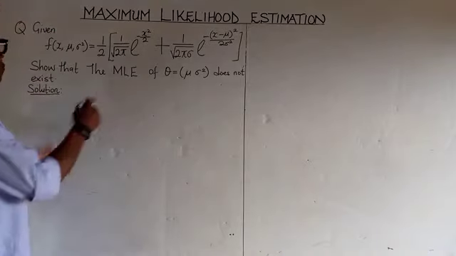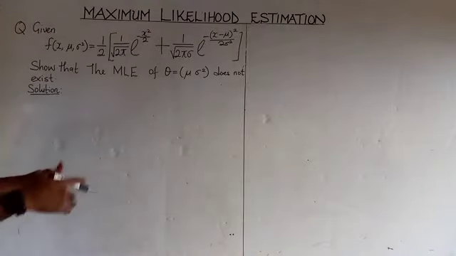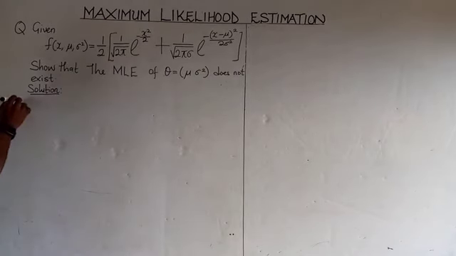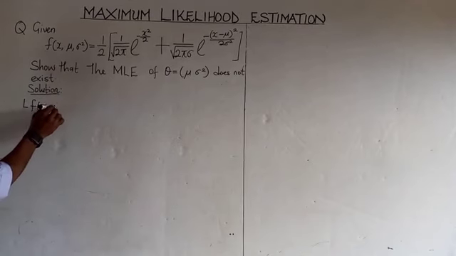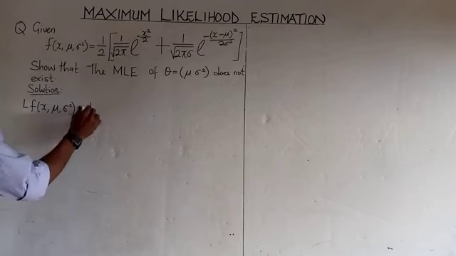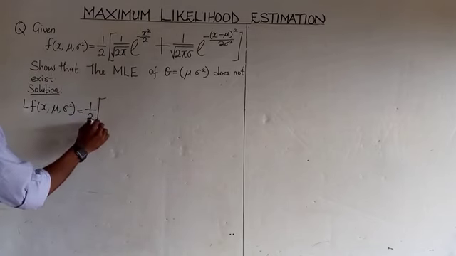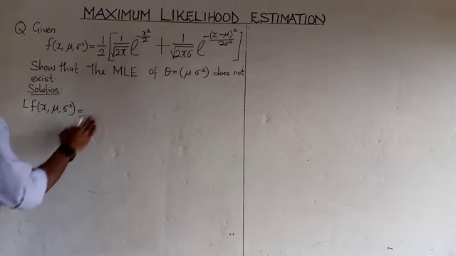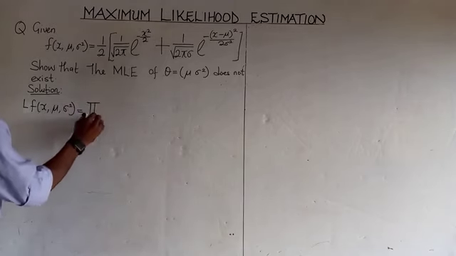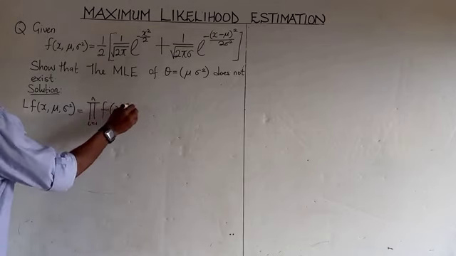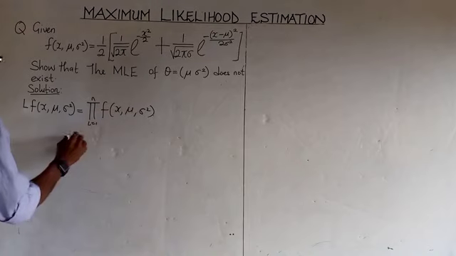So we follow the procedure of solving the maximum likelihood estimation. First thing we do is to take the likelihood function. The likelihood function will give the product of this.